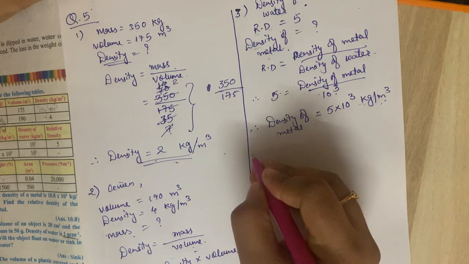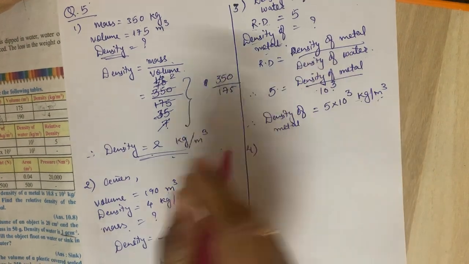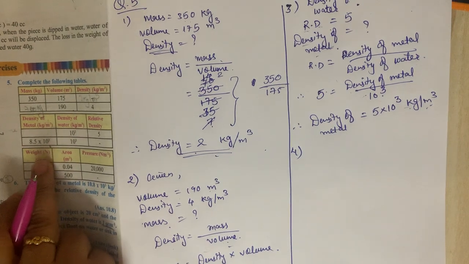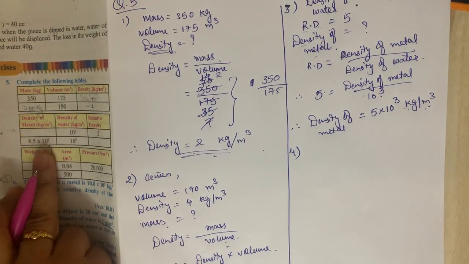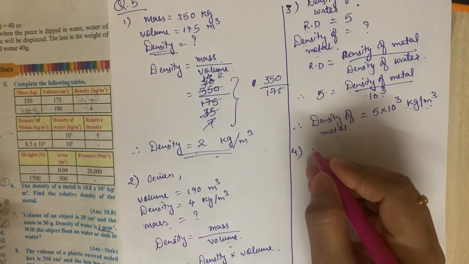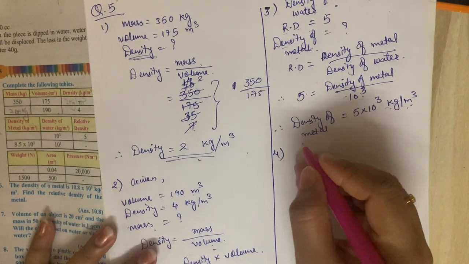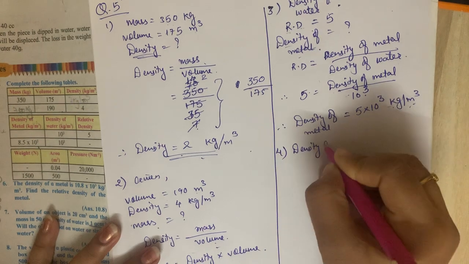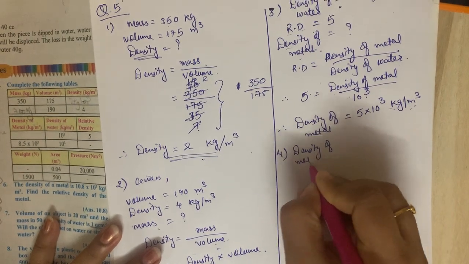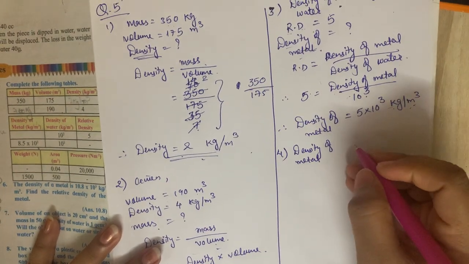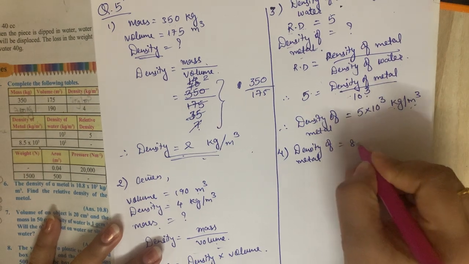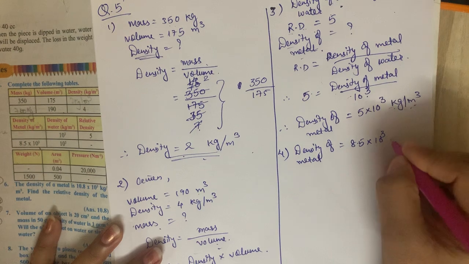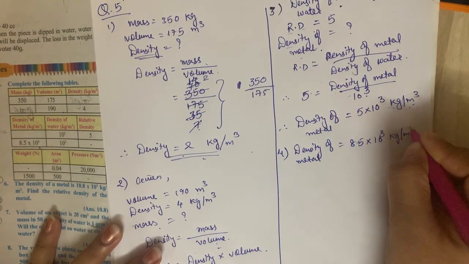that is fourth one. It is given that in fourth one, you can see density of metal is given. Okay, density of metal is given 8.5 into 10 raised to 3 kg per meter cube.